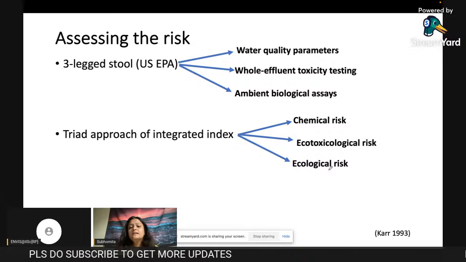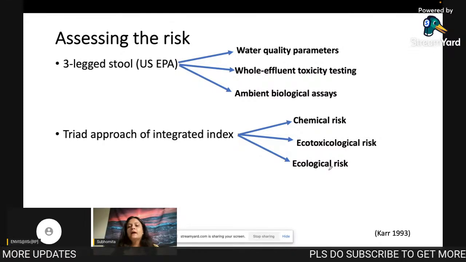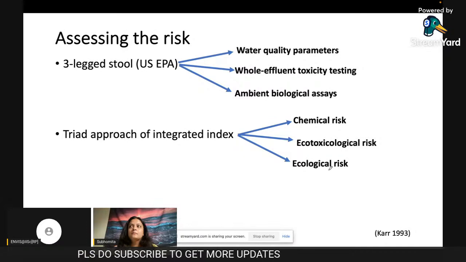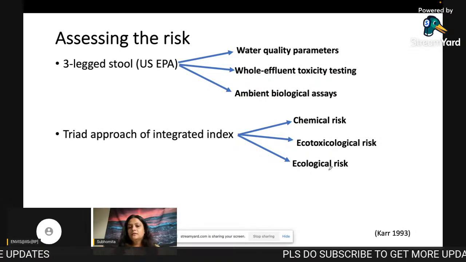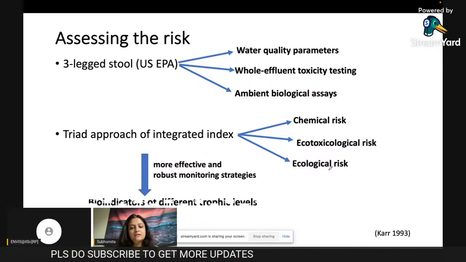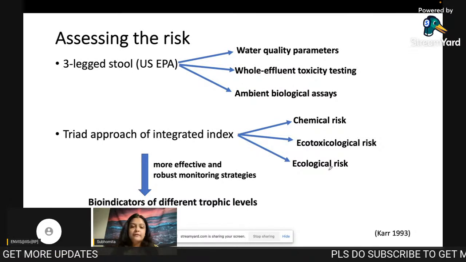But researchers showed us that this is fine, but we still need to incorporate more biological response signatures, something that can tell us more about the biological organisms or biology in that ecosystem. So they said, if we have to have more effective monitoring strategies, then we should have bioindicators coming from different trophic levels.